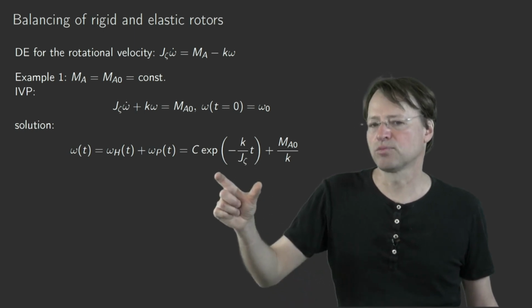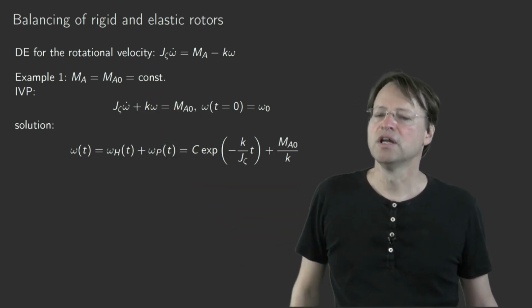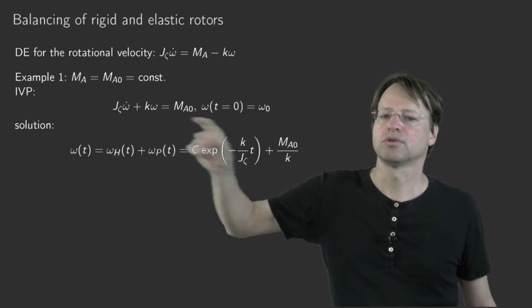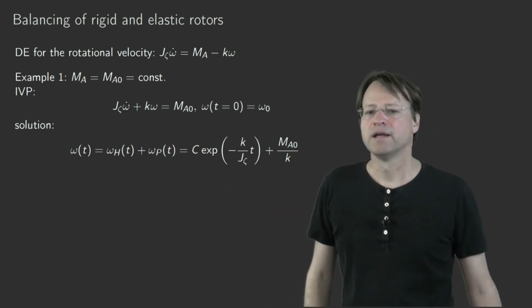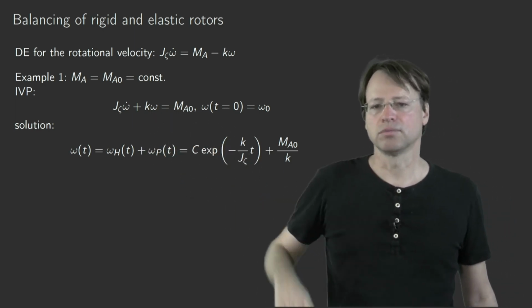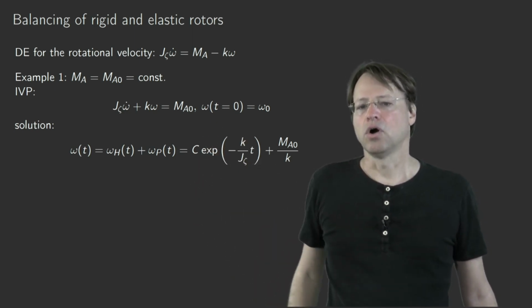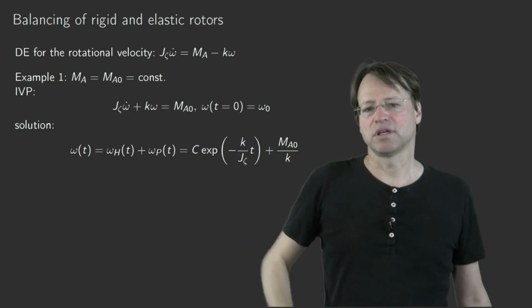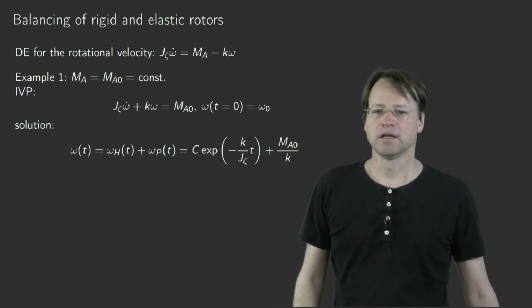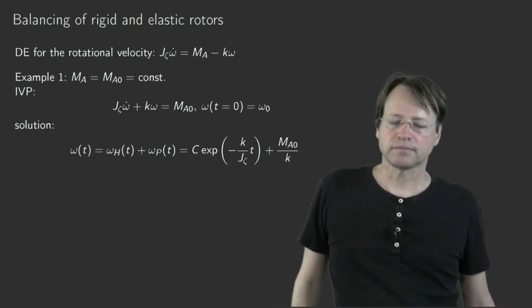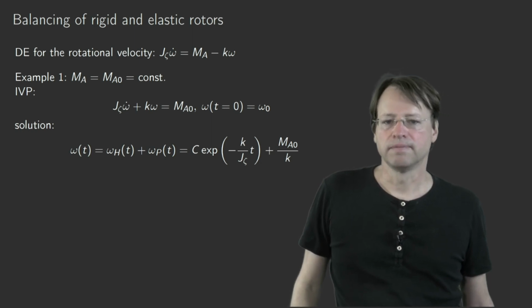If you take that exponential, you take the first derivative, then you see that these two terms on the left-hand side balance, and the result is 0, which is good because we are dealing here with the solution of the homogeneous ordinary differential equation where M_A0 is changed to 0.